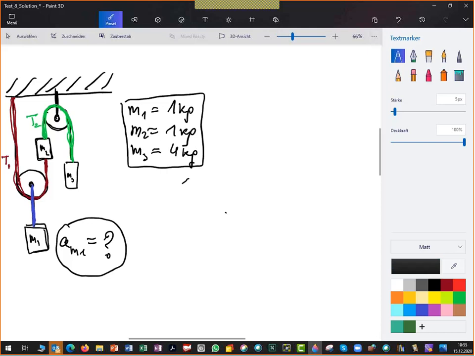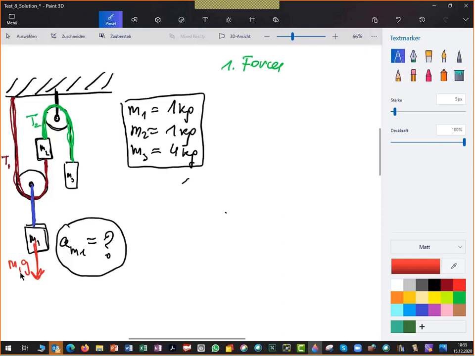So, what about forces, right? So we say again, first step we do is forces. I will put them just directly on the diagram. So that will be our m1 g.